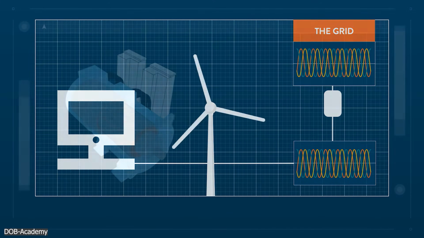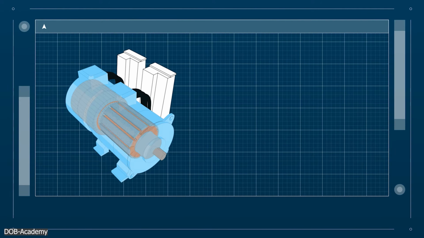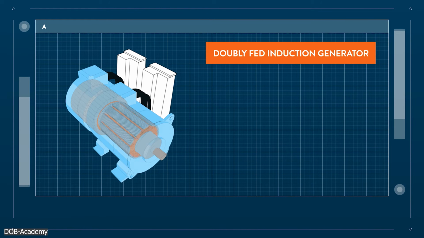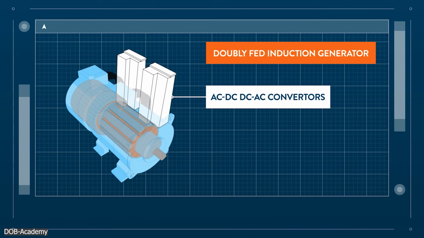More commonly, large onshore and offshore turbines use doubly fed induction generators, or DFIGs, which have power electronics that allow independent control of both active and reactive power.